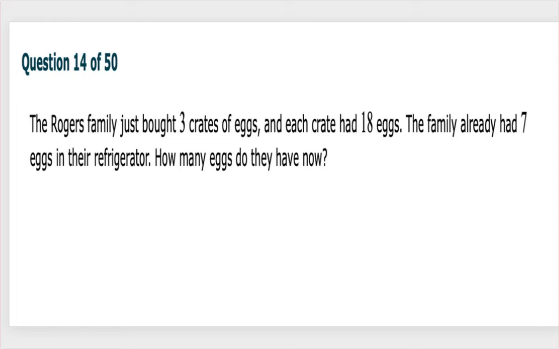Number 14, the Rogers family just bought 3 crates of eggs, and each crate had 18 eggs. The family already had 7 eggs in their refrigerator. How many eggs do they have now? Okay, so they have 3 times 18, 3 crates of 18 eggs each.